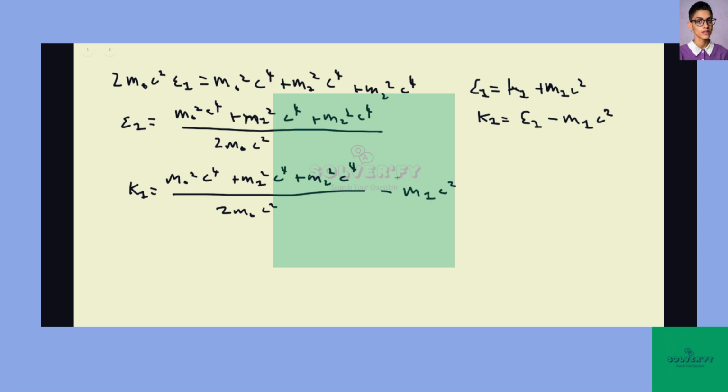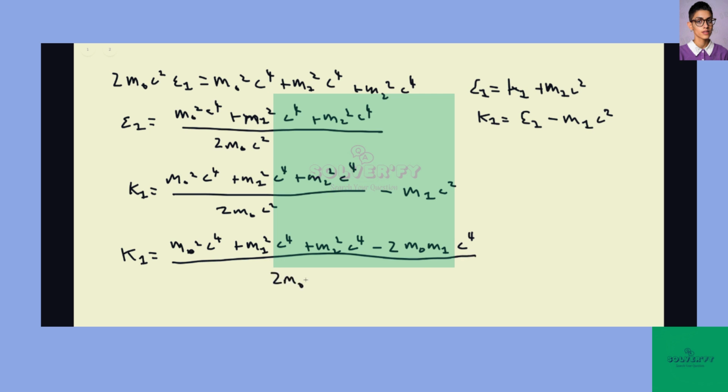So now we just want to combine all this. So K1 is equal to M0 squared C to the fourth plus M1 squared C to the fourth plus M2 squared C to the fourth minus 2, sorry, I don't know why I wrote 3, 2 M0 M1 C to the fourth over 2 M0 C squared.